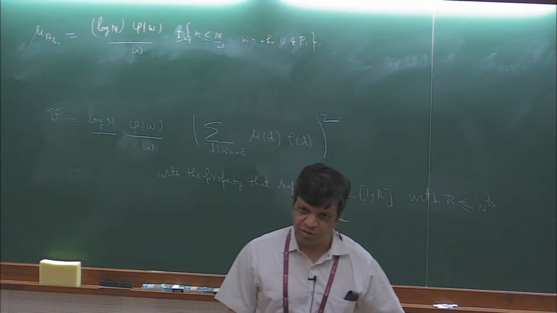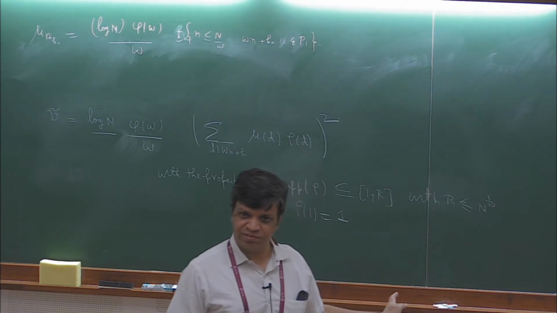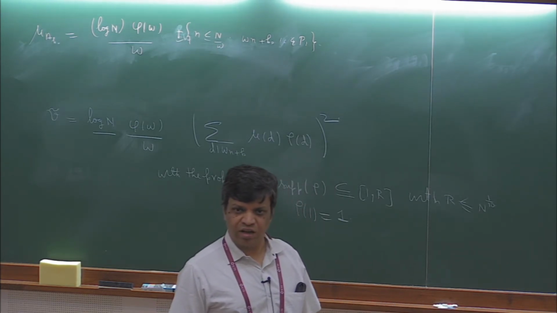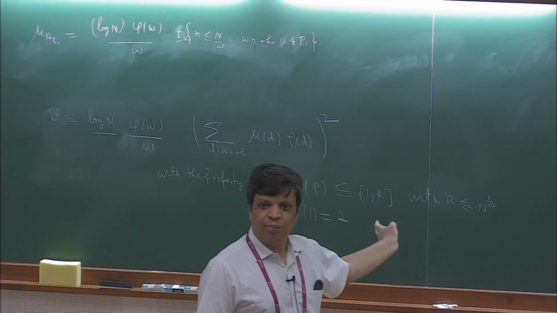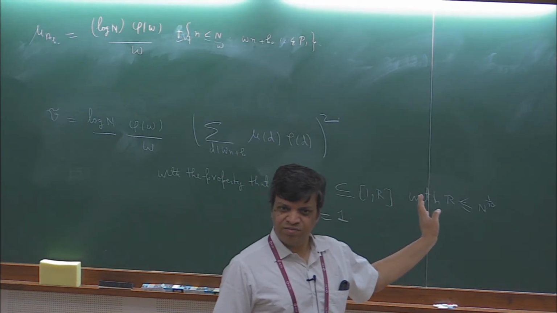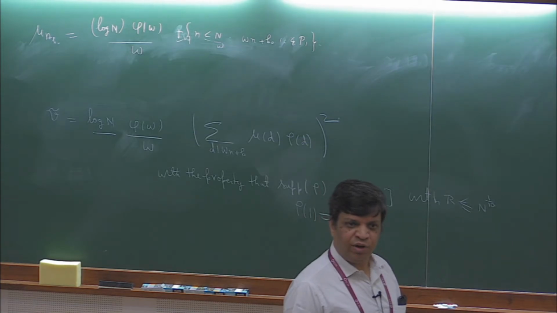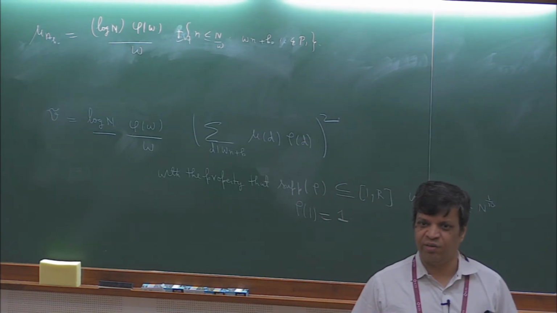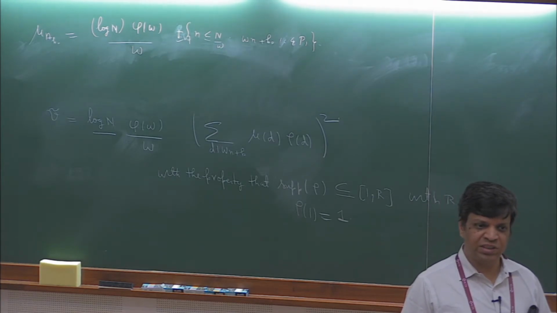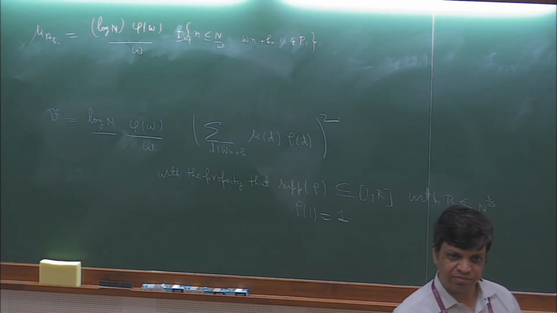We ignored the small primes while constructing this. We could ignore them because the number is very small, and even if we ignore them, we will still be left with a positive proportion.